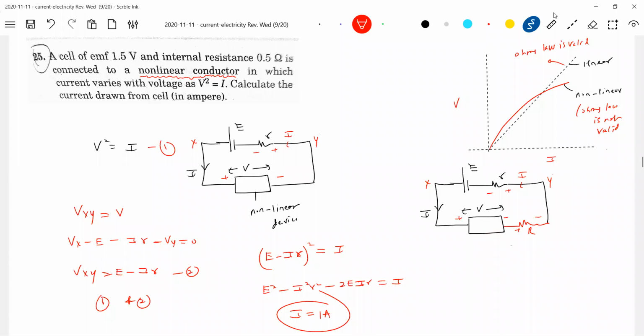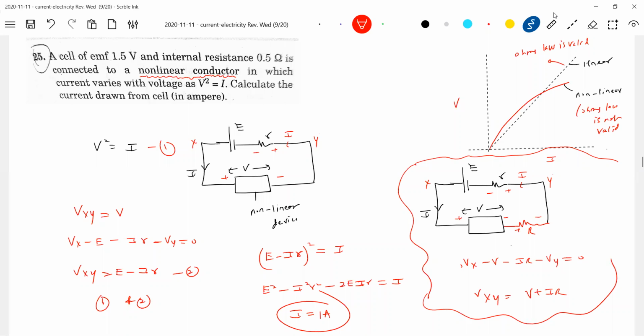Then you can write the equation like this: Vx minus V minus IR minus Vy equals 0. Just be alert. The internal resistance is here, and if one more resistor is there, you can carry on like this.